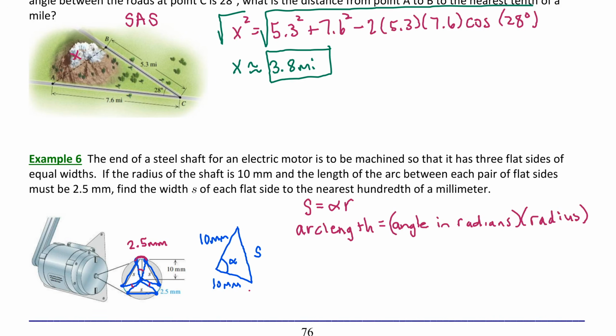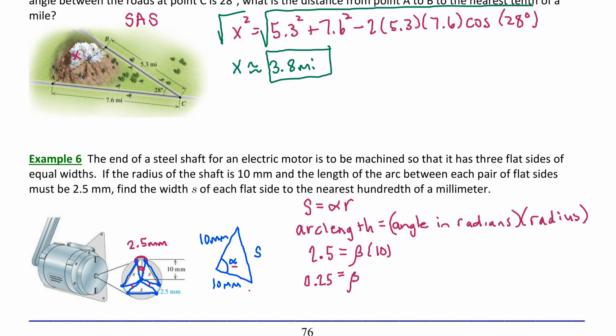To obtain the measure of this small angle, we'll set the arc length of 2.5 millimeters equal to the angle in radians, let's call it beta to distinguish it from alpha, times radius 10. So this angle beta is 2.5 divided by 10, or 0.25.